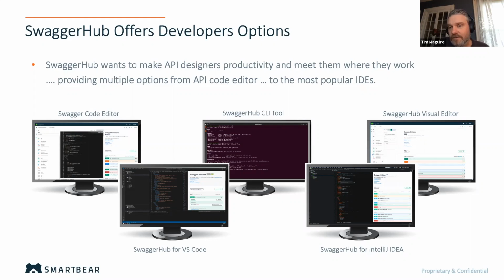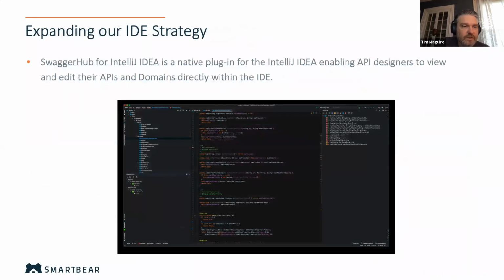We also have a visual editor which allows doc writers to edit the API documentation as part of the API design without impacting the overall design of the API. And lastly, most recently, to accelerate the API design process, is the integration into IDEs, starting with VS Code and now moving on to IntelliJ, which really expands our entire IDE strategy.